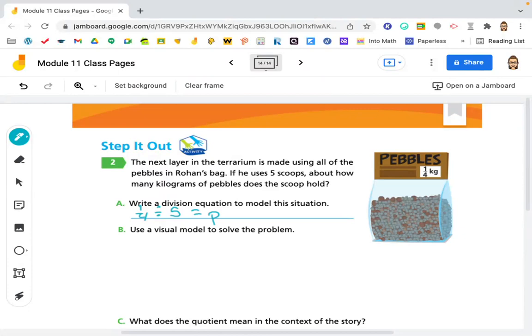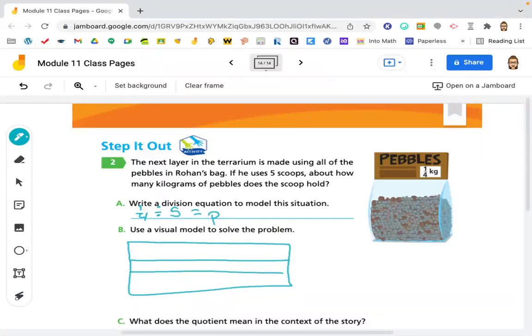So we're going to start with a rectangle. I'm going to divide it into fourths. And then I'm going to divide it into fifths.